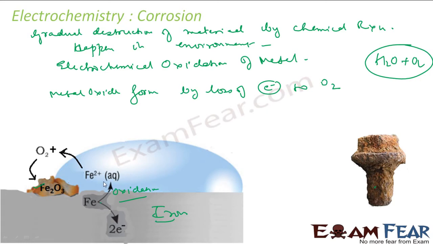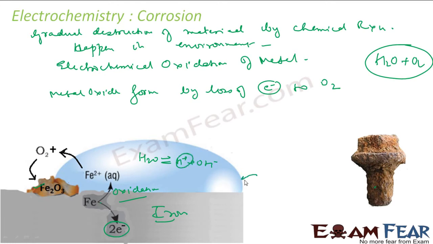Correct? If you talk about the reduction reaction, the oxygen will react with H+ and form water. See, this is the water. Water will have this H+ and OH-. So we have these electrons here, and this H+, and this oxygen from air.